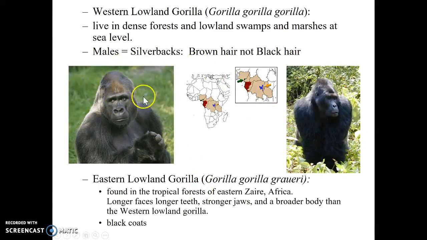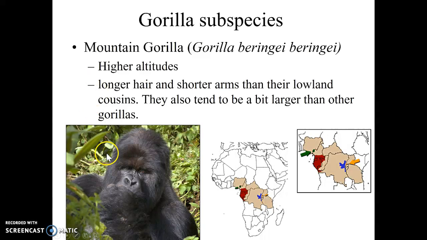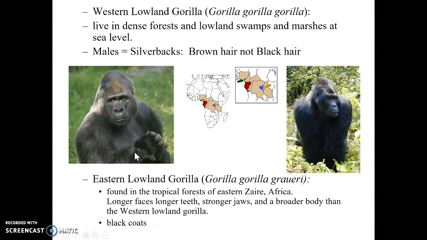The hair doesn't come down around the eyes anymore. It's up higher, and that's because of the temperature differences. If we look back here, they don't need all of that extra hair around their bodies to keep them warm in the lower areas. So there are a lot of structural differences that we see between these two populations. They are very close to each other, which tells us that they were not isolated too long ago.